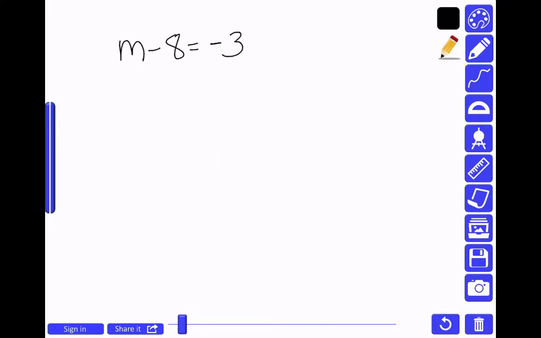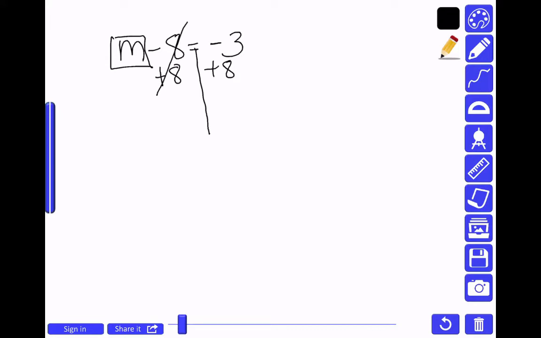m minus 8 equals negative 3. Again, I want to identify what I'm trying to isolate. I need to also identify where my equal sign is. This operation is minus 8, so the inverse of that is addition. So I'm going to add 8 to both sides in order to keep the equation true. What I do to one side, I must do to the other.